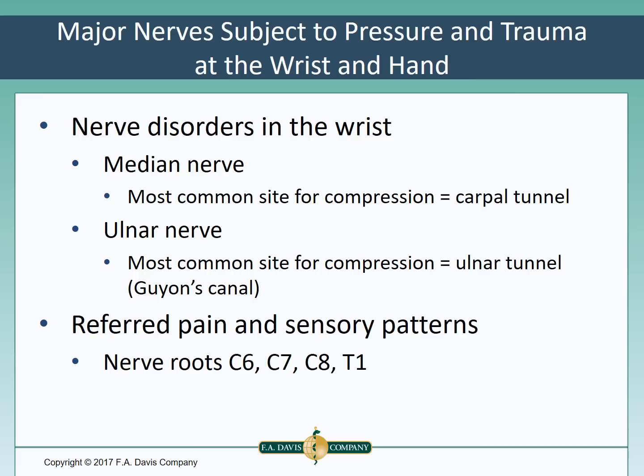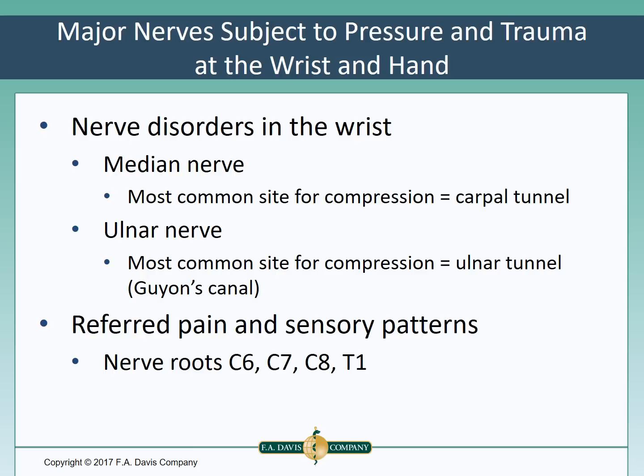Alright, moving on. When we were in the elbow and the shoulder, we talked about the nerves and how those can get entrapped at those local sites. Well, guess what? We've got other sites down in the wrist and hand where the nerves can get entrapped as well. So the basic part of this is I have a patient that's coming in. They're complaining of numbness and tingling in the fourth and fifth fingers, so your ring finger and little finger.